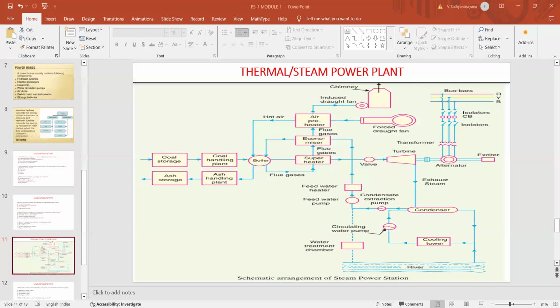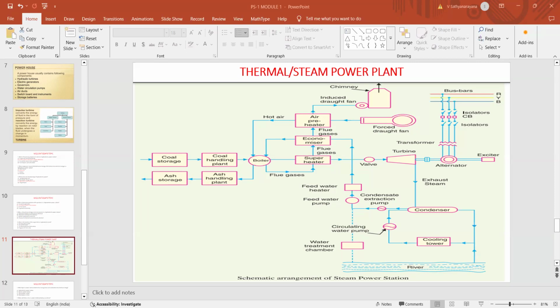The advantages of a thermal power station were also discussed yesterday. What are the major advantages? The fuel was very cheap. The initial cost was less, whereas for hydro the initial cost was very high. But it is an advantage for the thermal power station that initial costs are less compared to any other generating station.